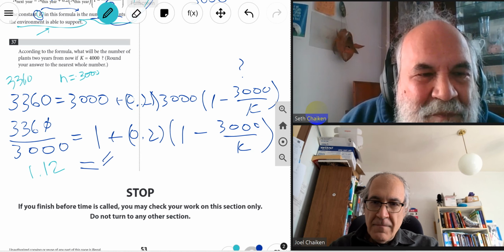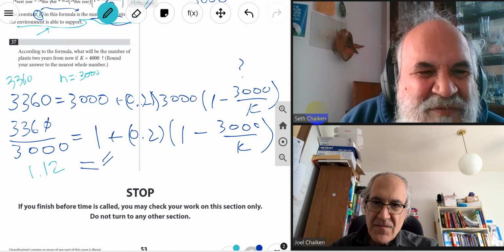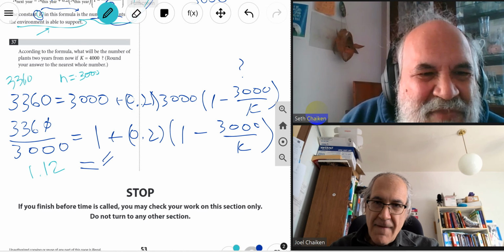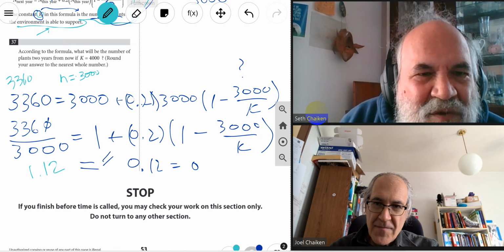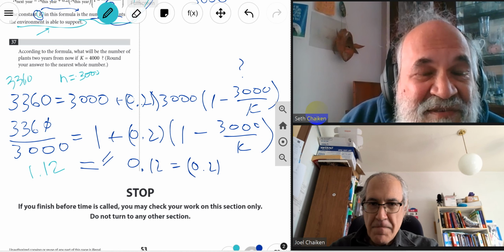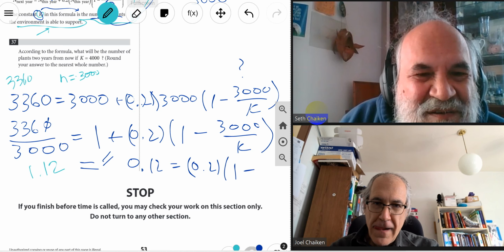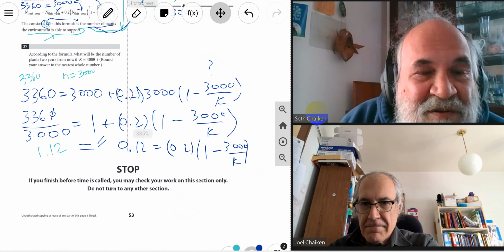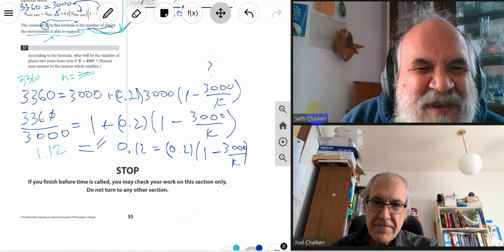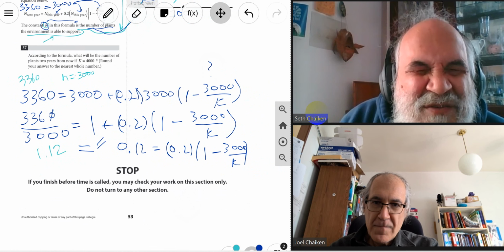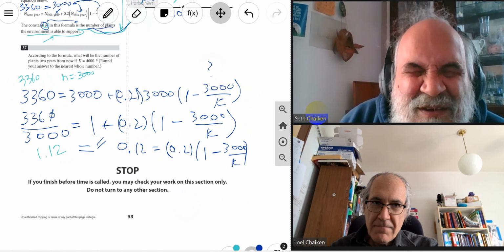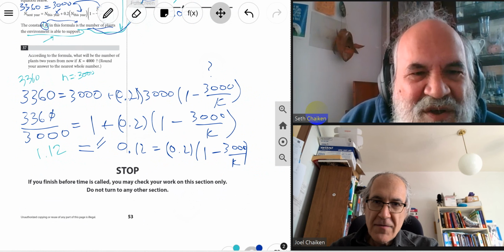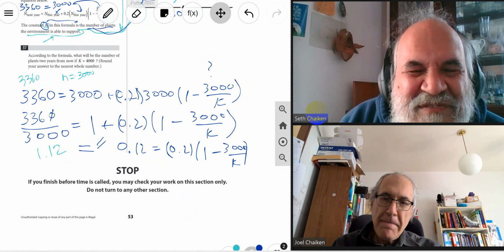equals this. So subtract 1 from both sides to get 0.12 equals 2/10 of 1 minus 3,000 over K. And notice if you could calculate what 1 minus 3,000 over K is, then you can calculate K. So let's now solve for this thing.